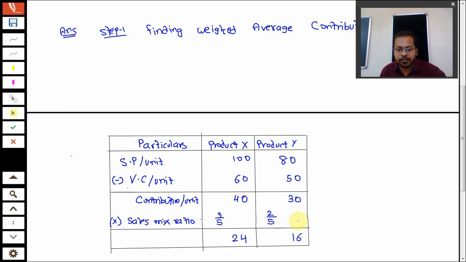So 3/5 and 2/5. So it is weighted average contribution.